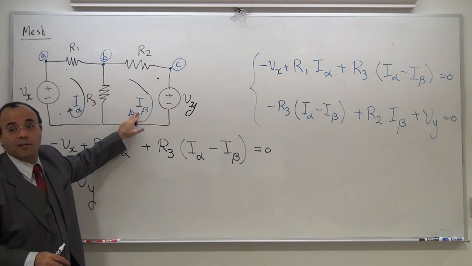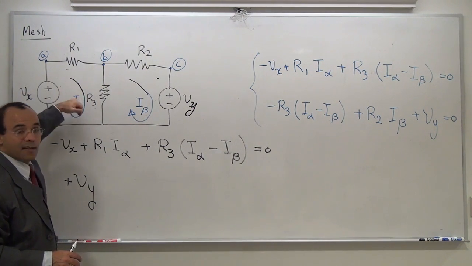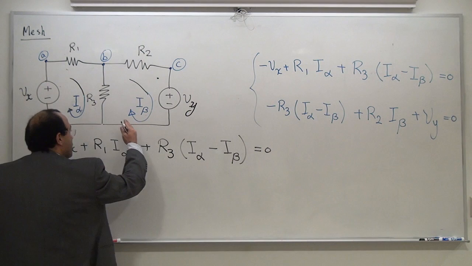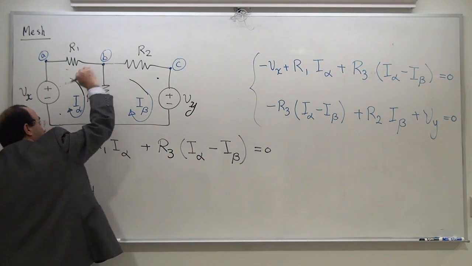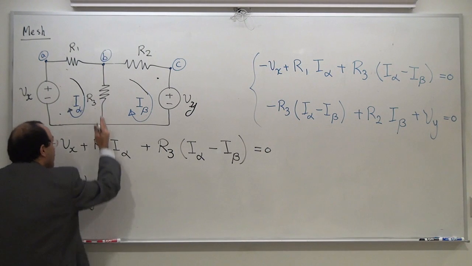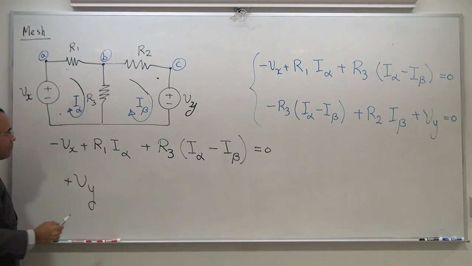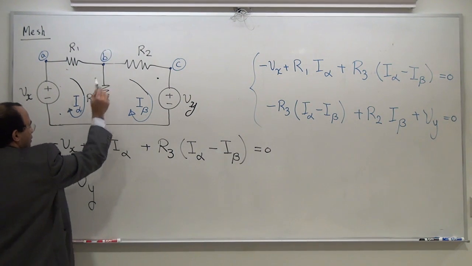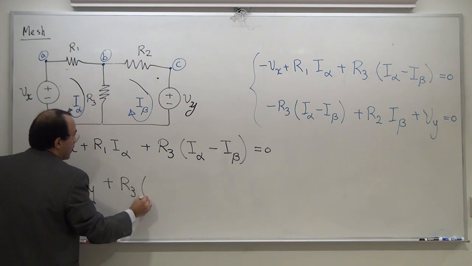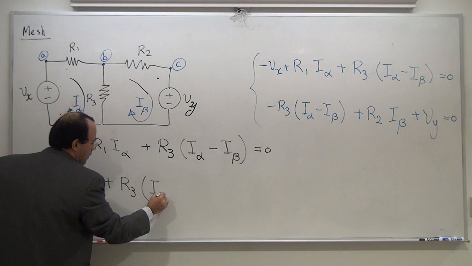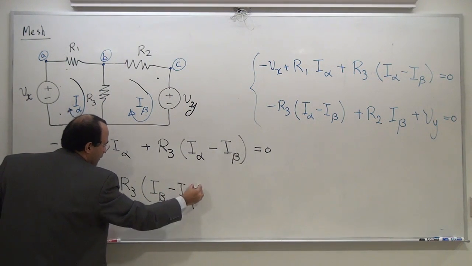That's a silly assumption. I beta now is 100 amp, and I alpha is 1 amp. 100 amp is going this way, 1 amp is coming this way. 100, 1, 99 amp is going this way now. Because of that, this is going to be plus, this is going to be minus. So it's going to be plus R3 times I beta minus I alpha.